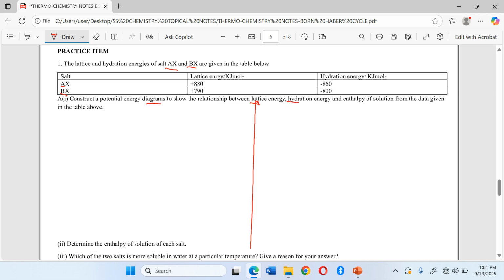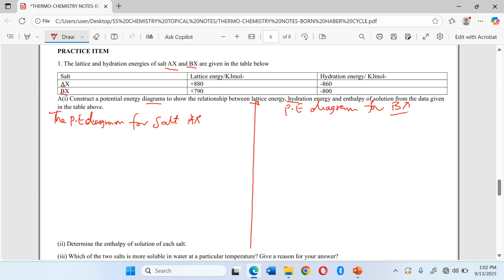So we have the potential energy diagram for salt AX, then you have the potential energy diagram for BX.